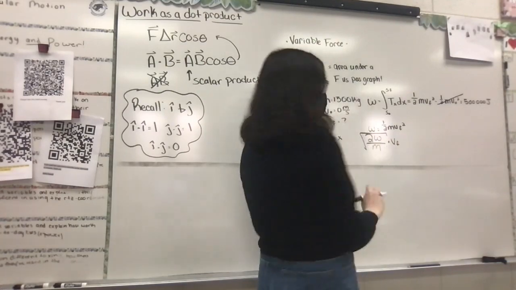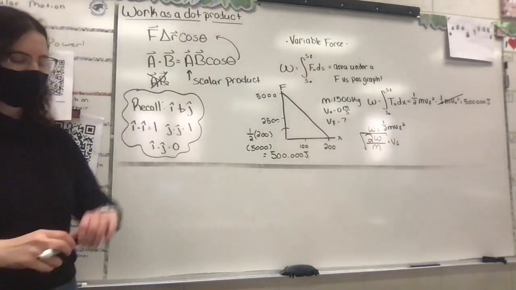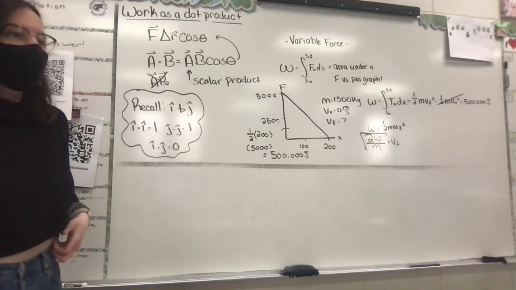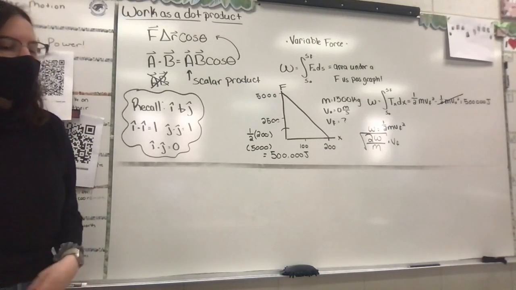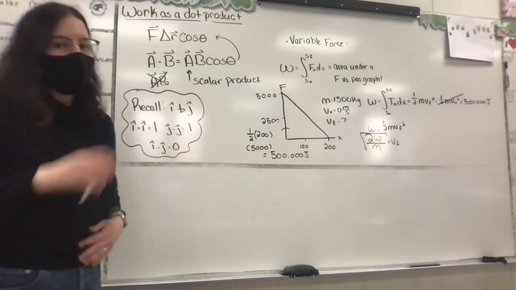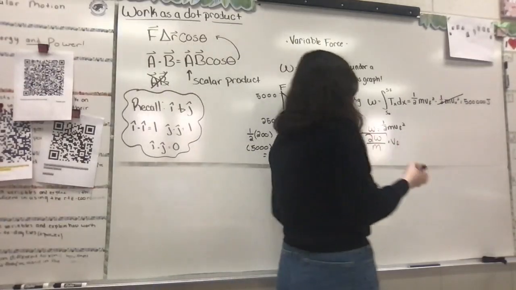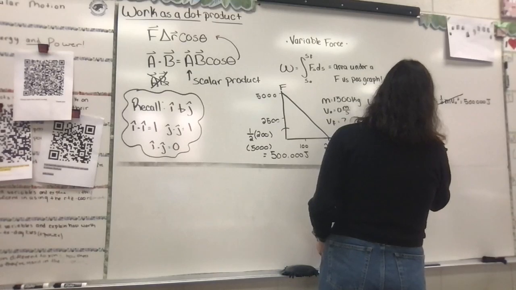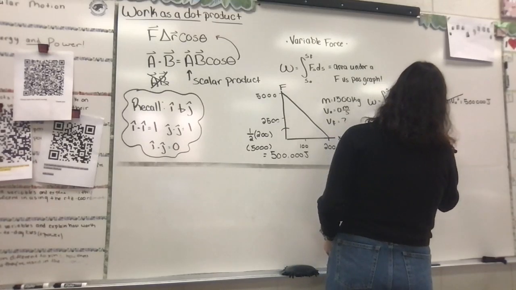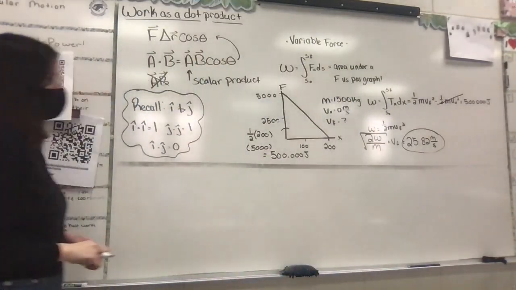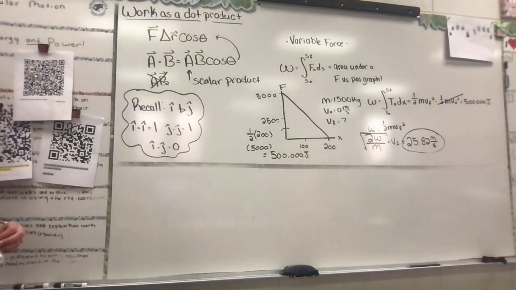Okay, somebody tell me what the final velocity is after 200 meters. What are the units? Yep. I can barely hear you, but you're right. 25.82 meters per second. You guys have any questions about this one?